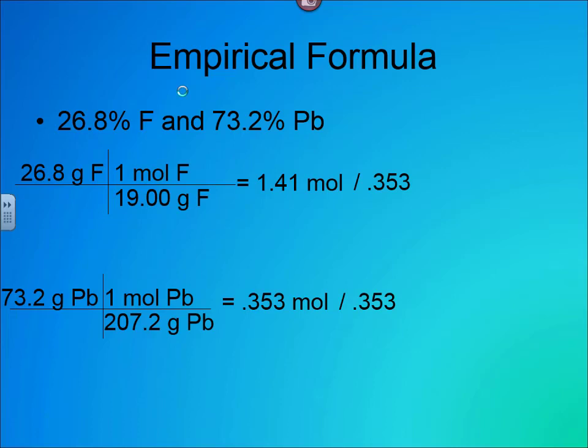What's that going to make on the bottom one, on lead? 1. So we know one of them is going to come out to be a 1 every time. If you do the top one, you end up with approximately 3.99.